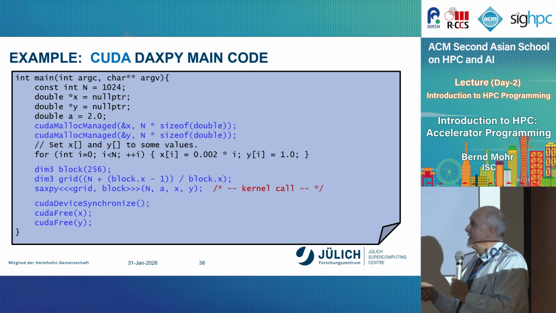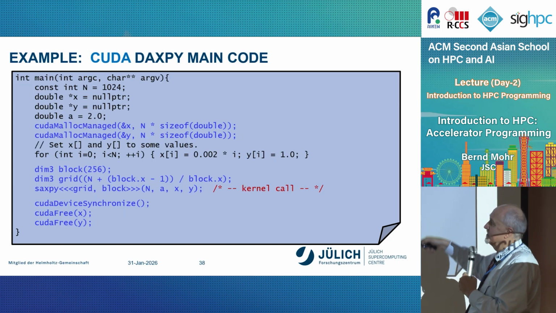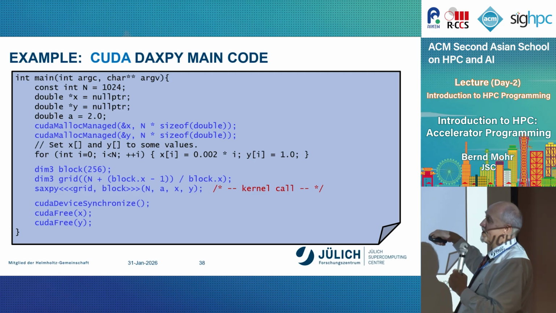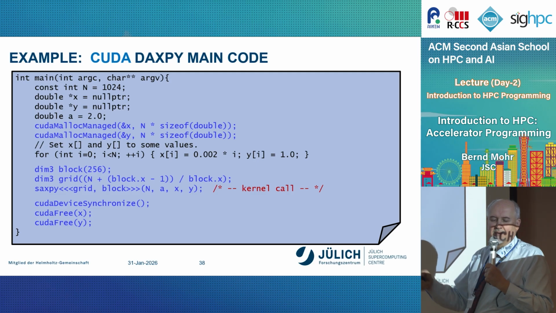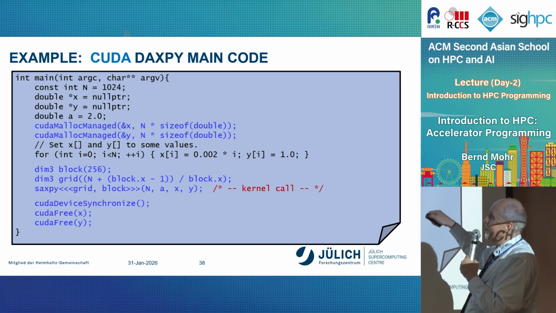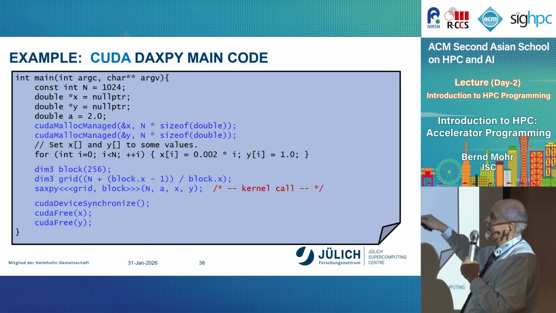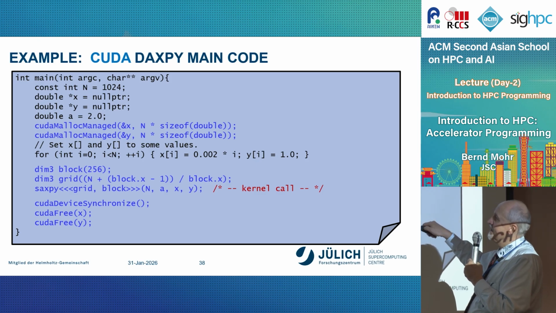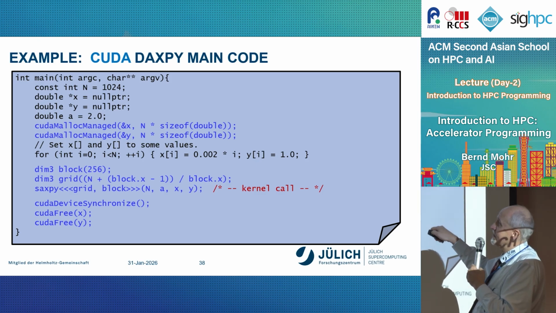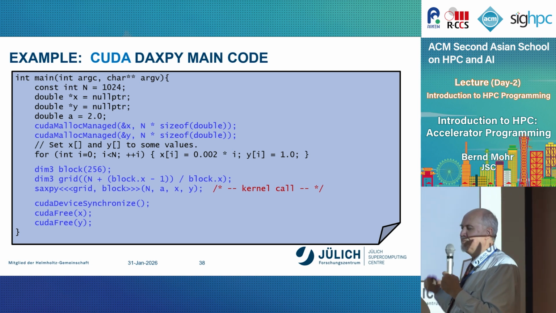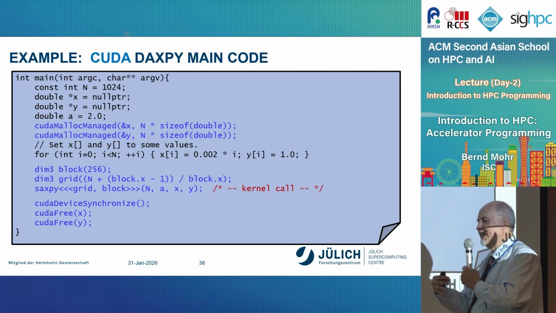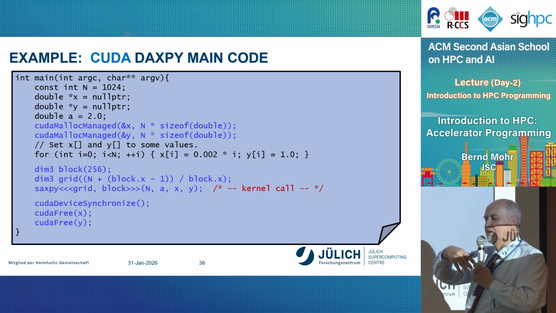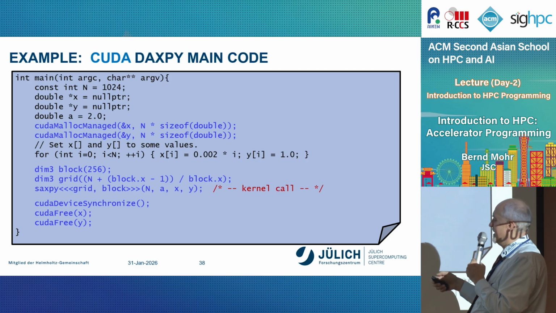Okay, but then you have to write a main program to actually call that SAXPY operation. First you have to allocate the data, and this only works if you have a modern GPU which can use the memory together with the CPU.